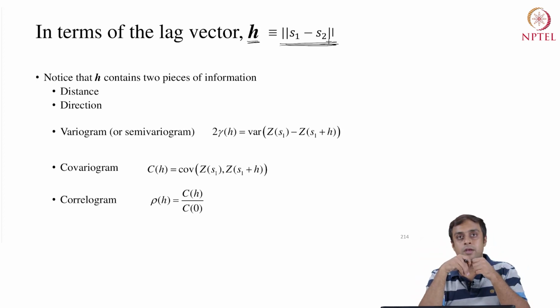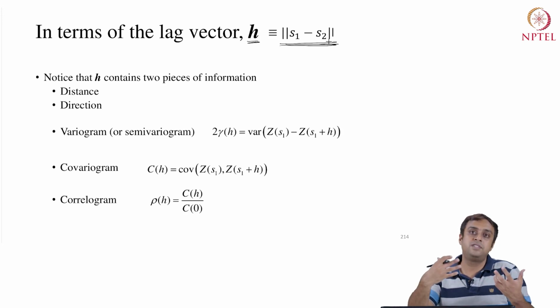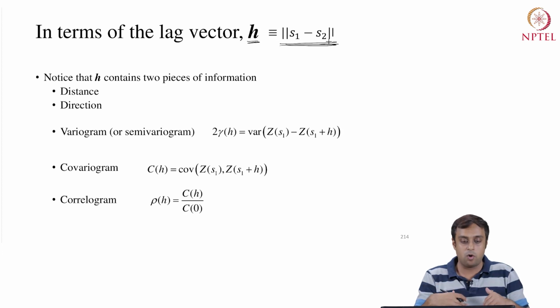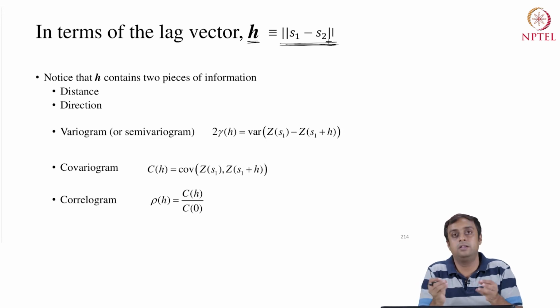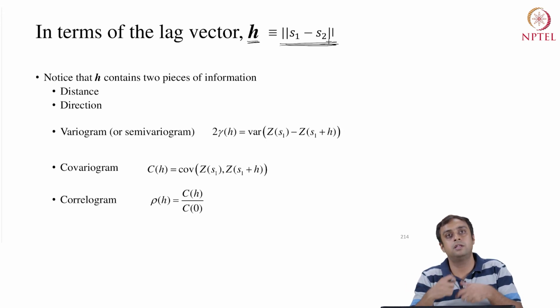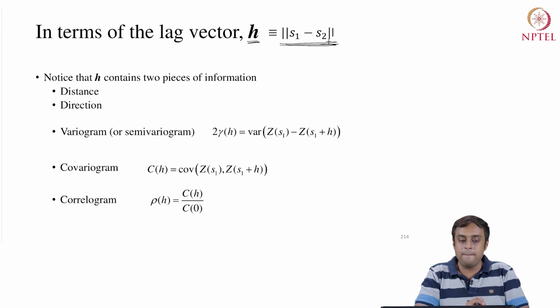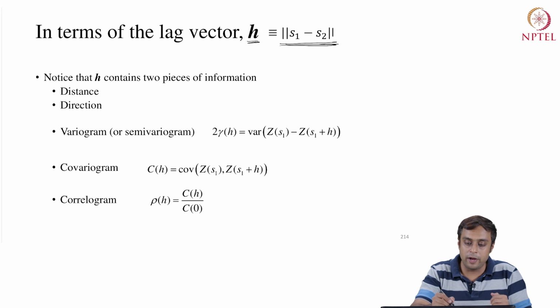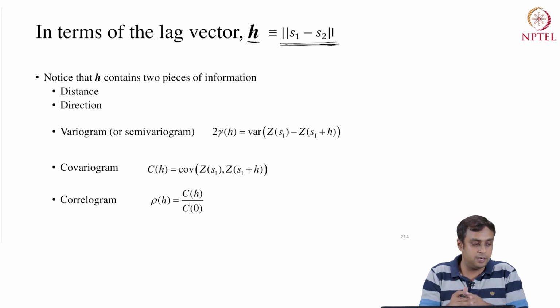And the other is obviously the distance. And here what I've done is I've simply taken the definitions of variogram, covariogram, and correlogram, and given you the definitions in terms of H rather than S1 − S2 in the vector form. So going forward, we will discuss the variogram in detail.